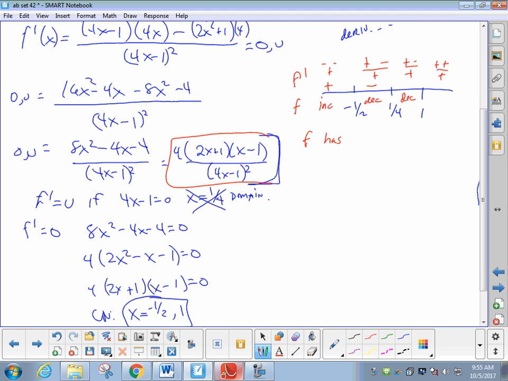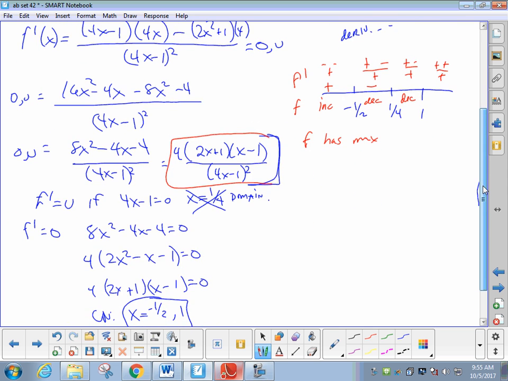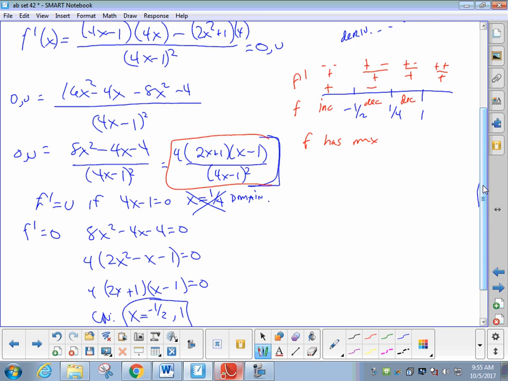Max, thank you very much. F has a max at x equal negative 1/2. I'm going to say where the x's are, the maxes are, not the F I use. Just give me the x. F has a max at x equal negative 1/2 because F prime changes from positive to negative.